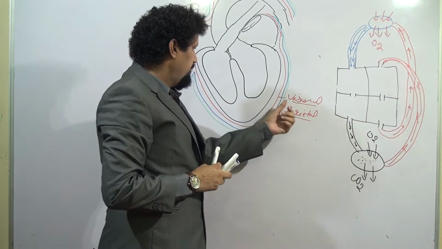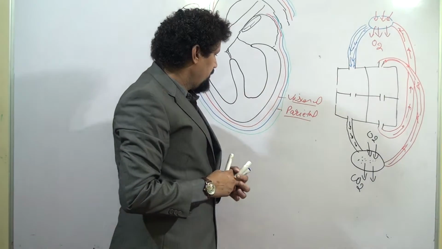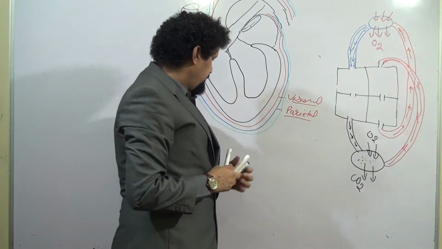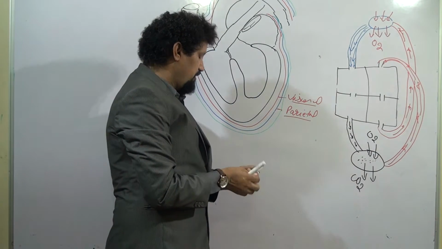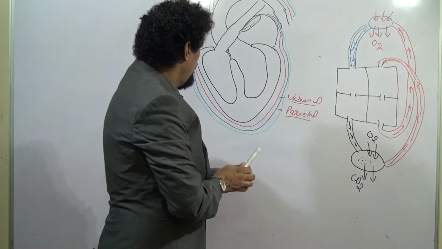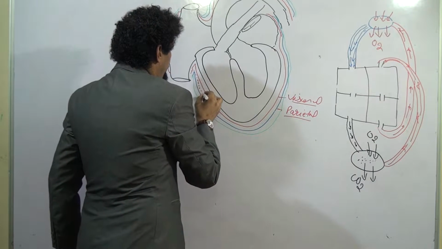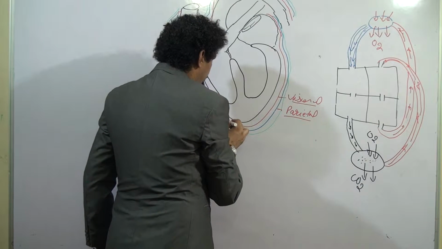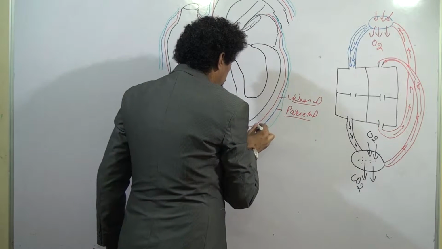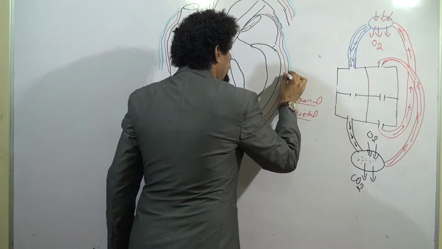Outside the visceral layer there is the parietal layer of the serous pericardium, and there is a potential space between the visceral and parietal layer, which is filled by a serous fluid, a slippery fluid, that allows the heart to pump and move and makes the movements of the heart more smooth.